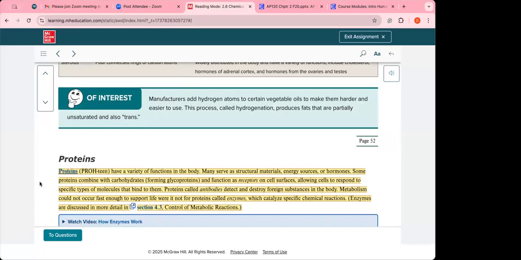Proteins have a variety of functions. Some proteins combine with carbohydrates, allowing cells to respond. Metabolism could not occur fast enough without enzymes, okay, that's how enzymes work.